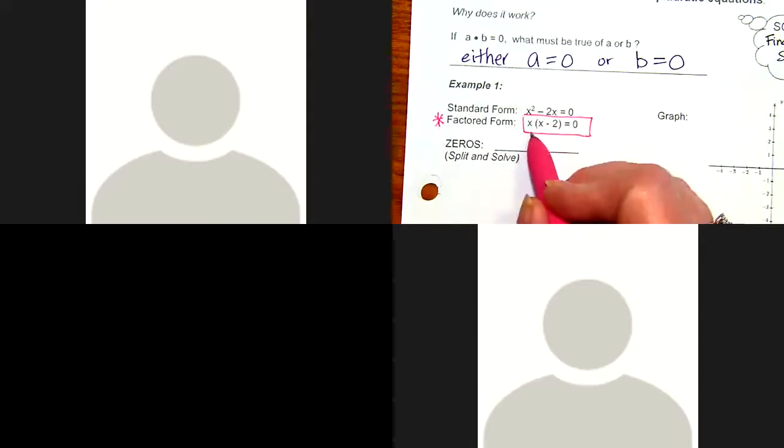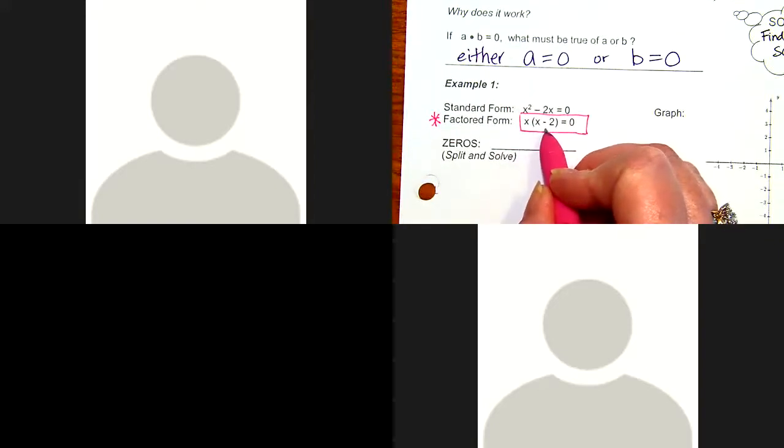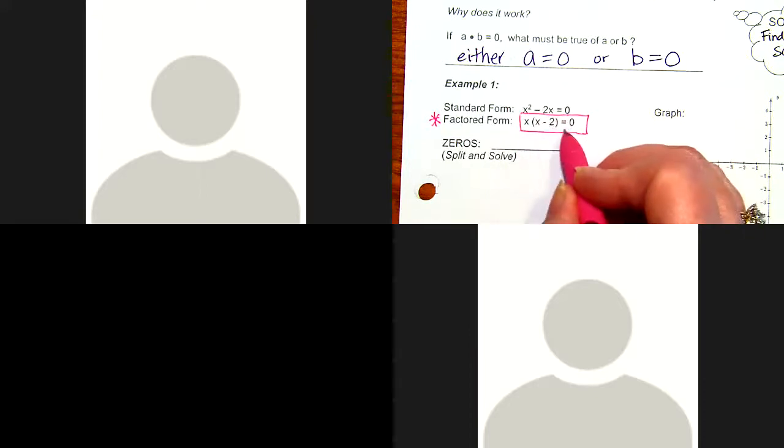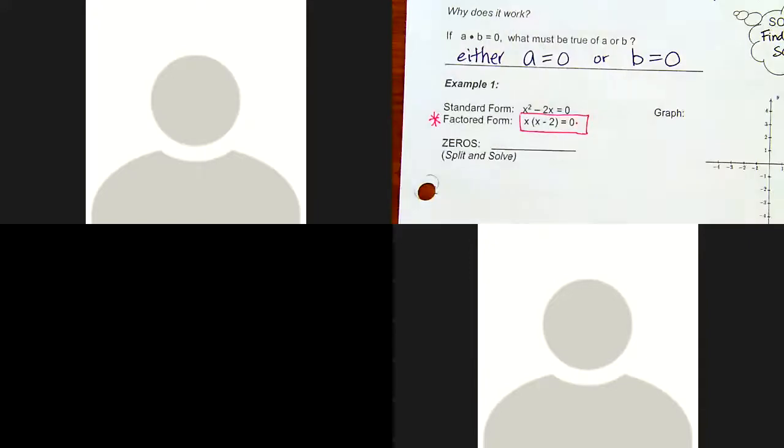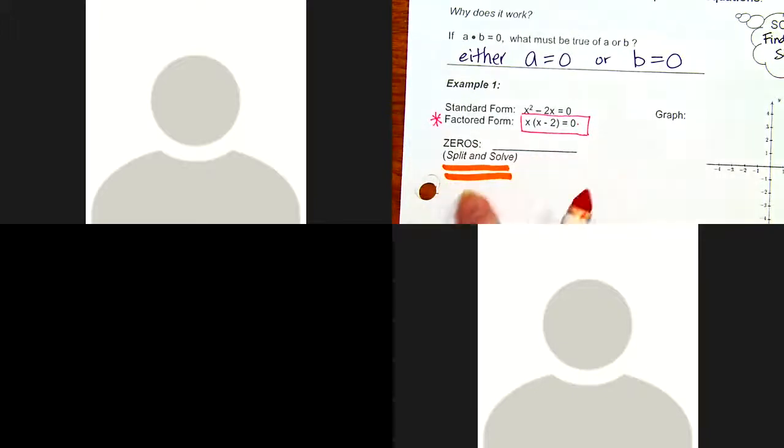So what I have here is 2 different numbers represented by x and x minus 2, and it's equal to 0. Here is the method that we're going to use. It's called split and solve.